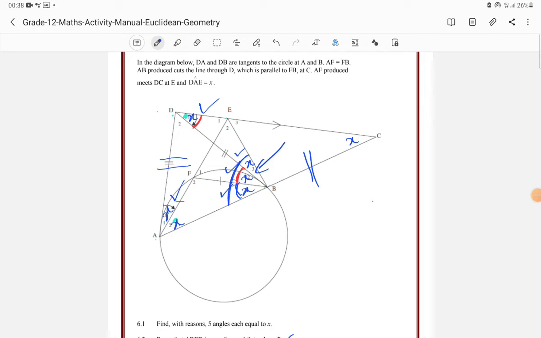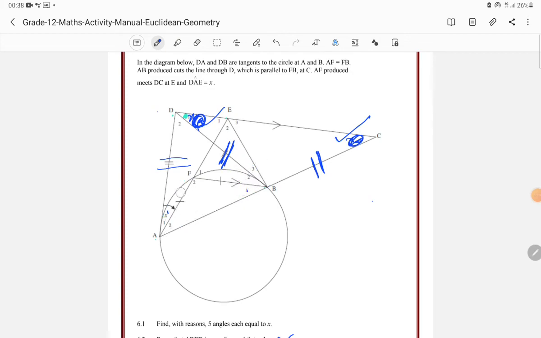So the idea is that to prove that these two things are equal to each other, we just have to remember that we're having this angle being equal to X, and we also have angle C, which is also equal to X. So that makes UBD equal to this angle, because when you have these two angles equal to each other, the sides opposite these equal angles must be equal to each other as well.